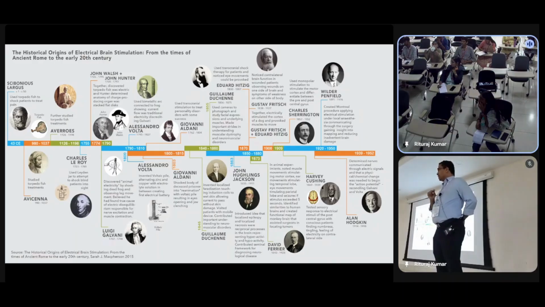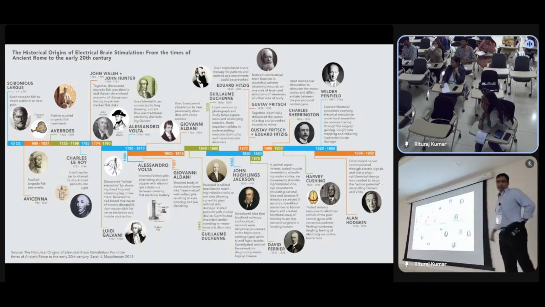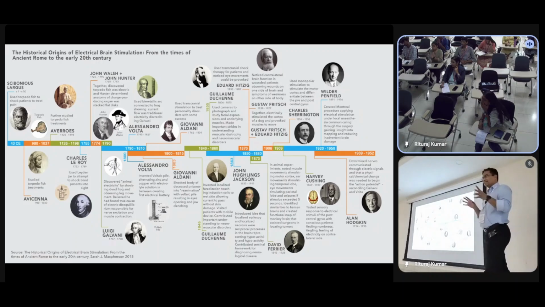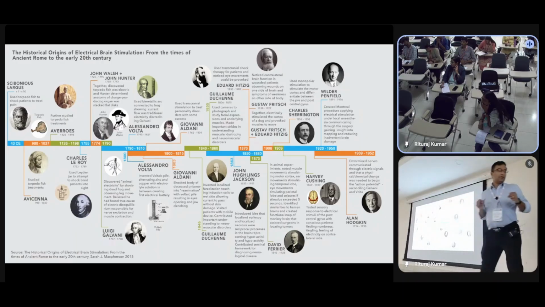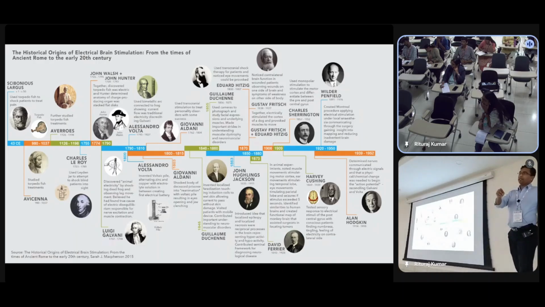It doesn't stimulate. So we are talking about stimulation, meaning recording is easy. I mean, easy, but deciphering or decoding is hard, but recording is easy. But stimulating the brain is even harder, and it's not safe.